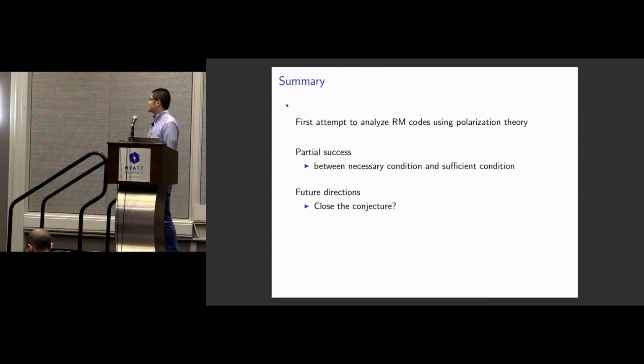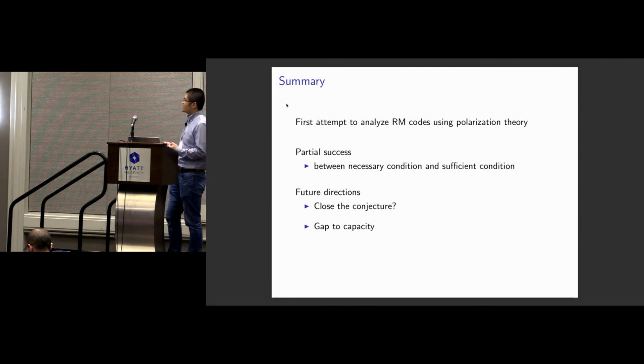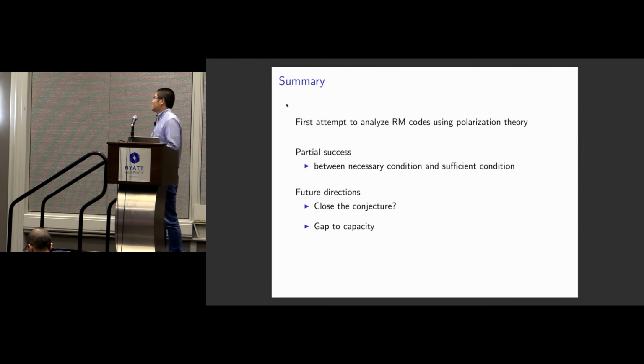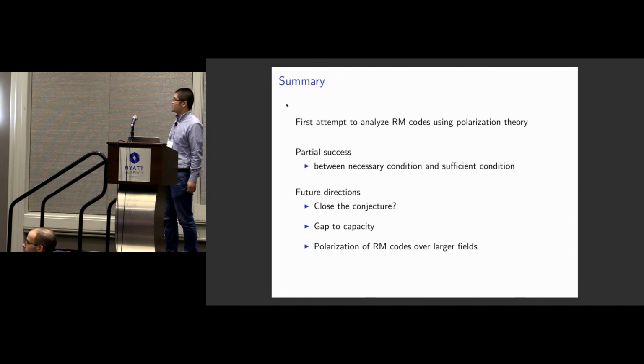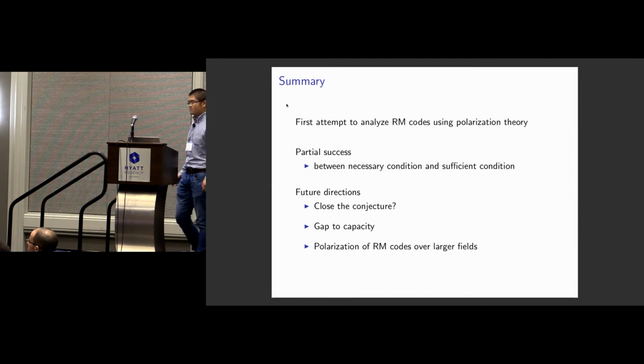The most obvious one is to try to close the conjecture. The second one is to try to get a better quantification of the gap to capacity. Maybe I don't have time to explain that. The third one is to try to extend this result to larger finite fields. In our work, we only consider this result for a binary field. Okay, so that's all. Thank you.